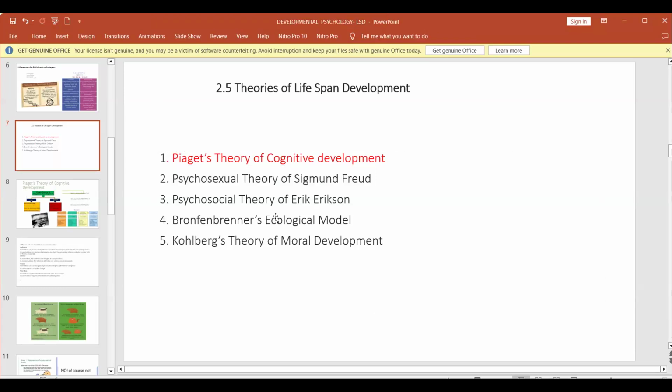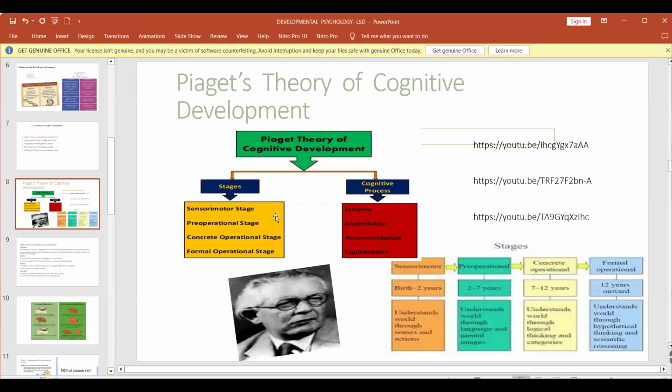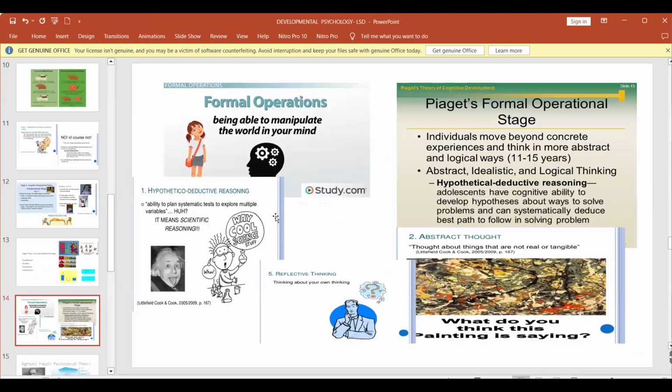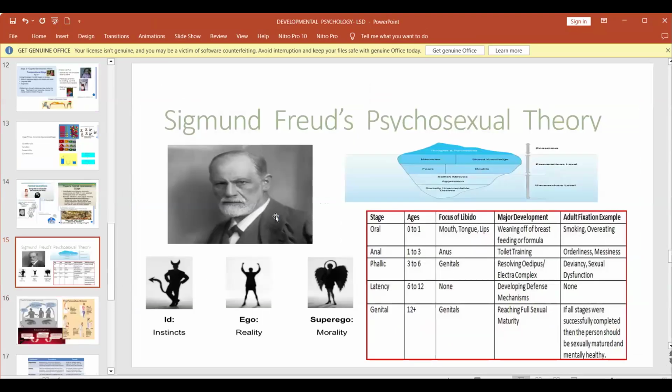So look at this. Sigmund Freud and his psychosexual theory of personality development. Actually speaking, personality is the ultimate goal of education. Development of one's personality. So personality can be developed, right?